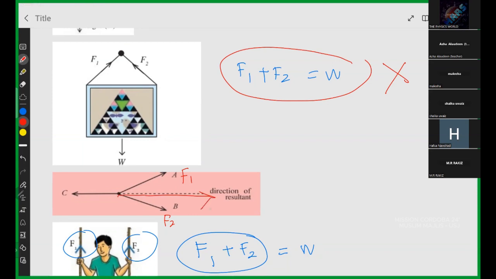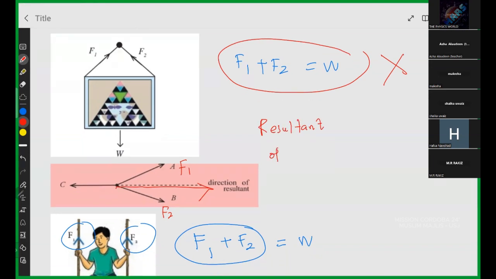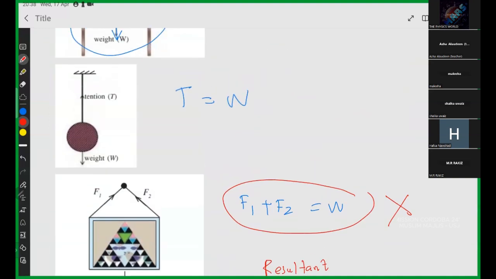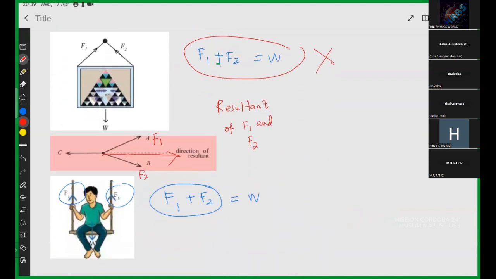Then that resultant only will be equal to weight. There's a method to find the resultant. It comes under the A-level lessons, so now you don't need to know how to find the resultant. But just keep in mind, resultant means this and this together. So the resultant is only equal to weight.